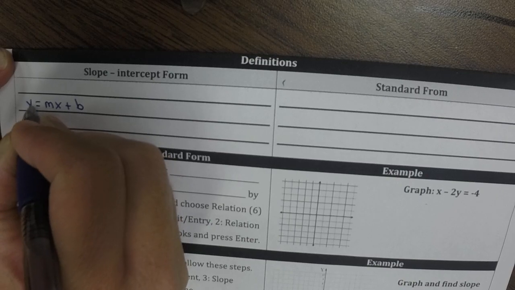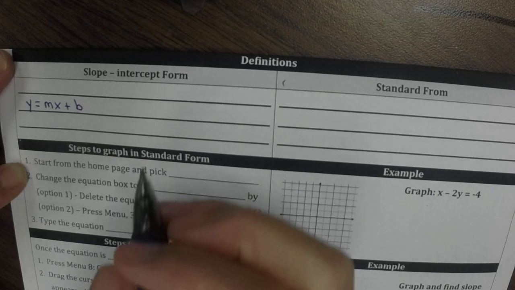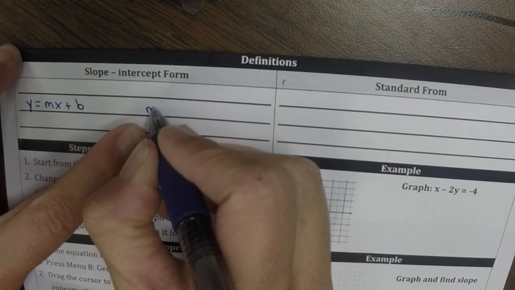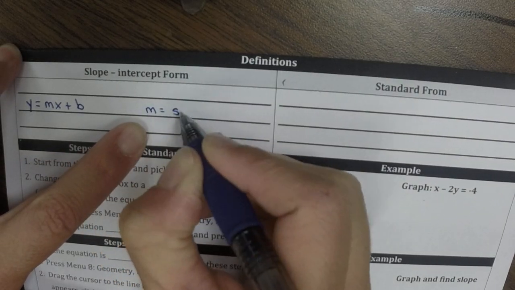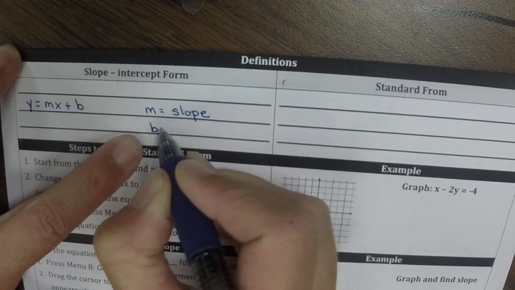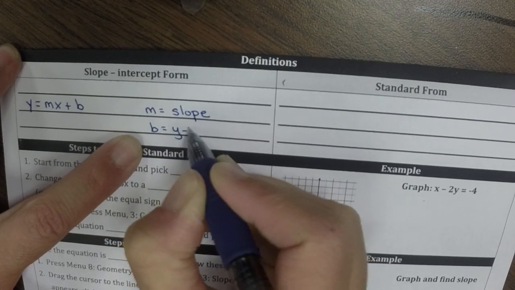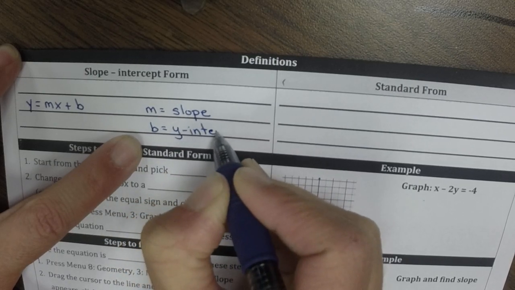And many of you could recite that pretty easily, but you don't really know why or what it is. And it's called slope-intercept form. The reason for that is because the m in this situation represents the slope, and the b represents the y-intercept. Man, I'm struggling this morning, sorry.